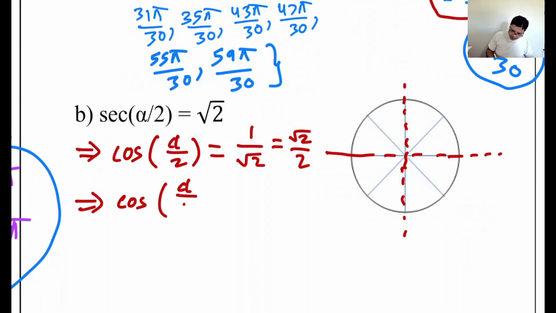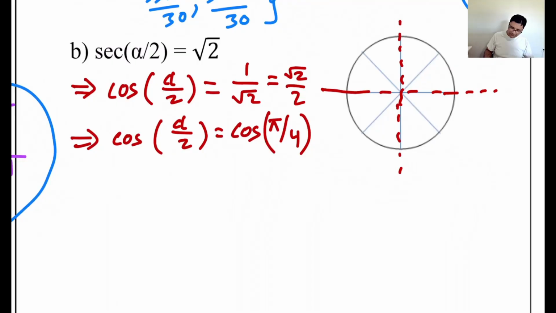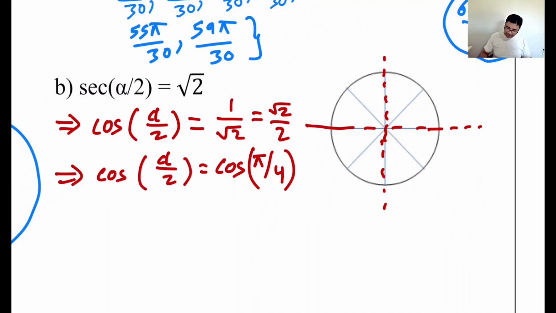And we know the corresponding angle is pi over 4. Then for cosine, the solutions are plus minus, right? Plus pi over 4 and minus pi over 4. They will have the same cosine value.